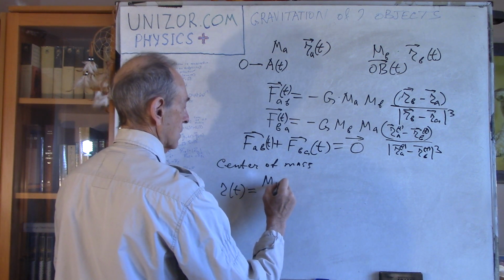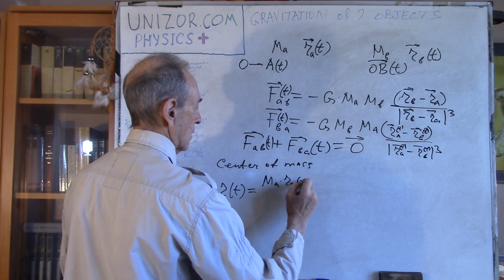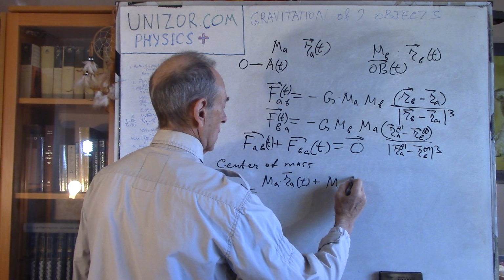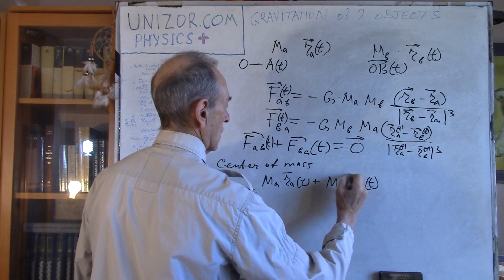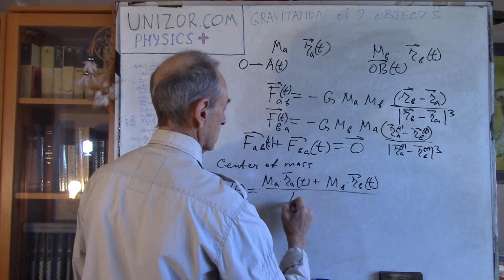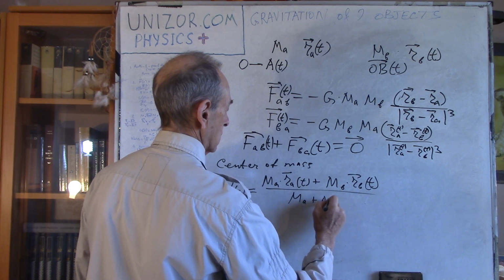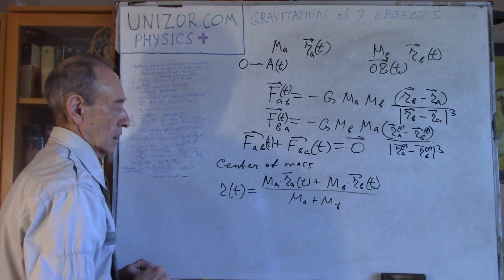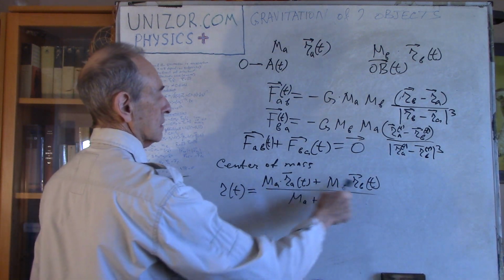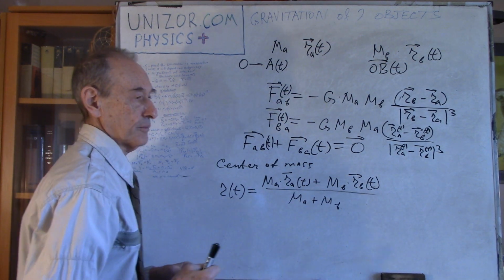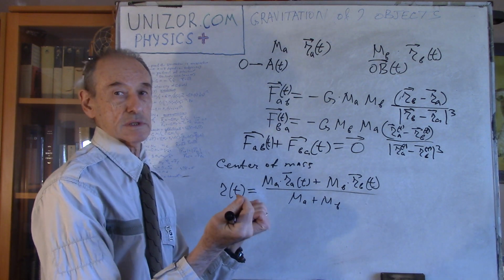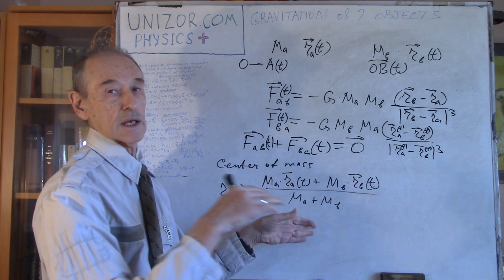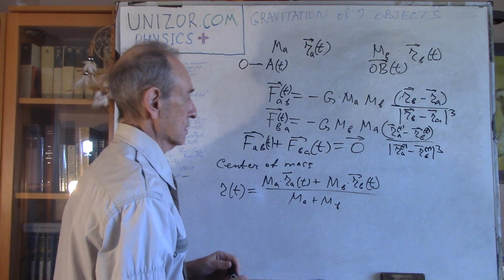That's MA RA plus MB RB divided by sum MA plus MB. That's a location. If RA and RB are equal to each other and opposite in direction, then you will have location exactly at center of coordinates.